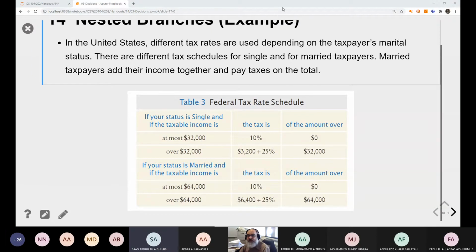Can you explain to us where the 5,200 came from? 3,200 from the previous tax. Yes, and 25% of the 8,000 above 32,000. Exactly. 25% of the 8,000, or 1/4 of the 8,000, is 2,000, right? So 2,000 plus 3,200 is 5,200.